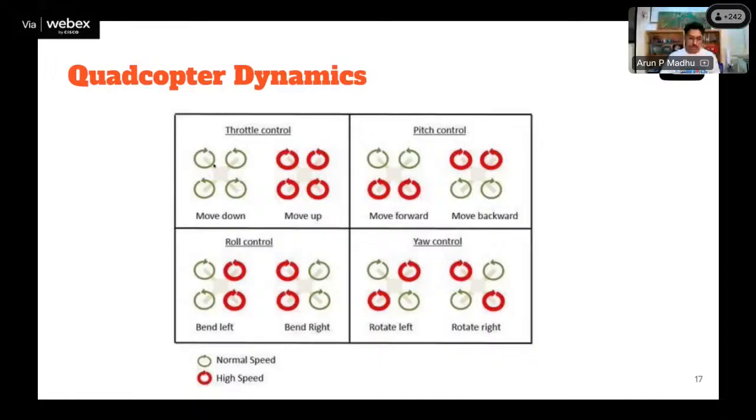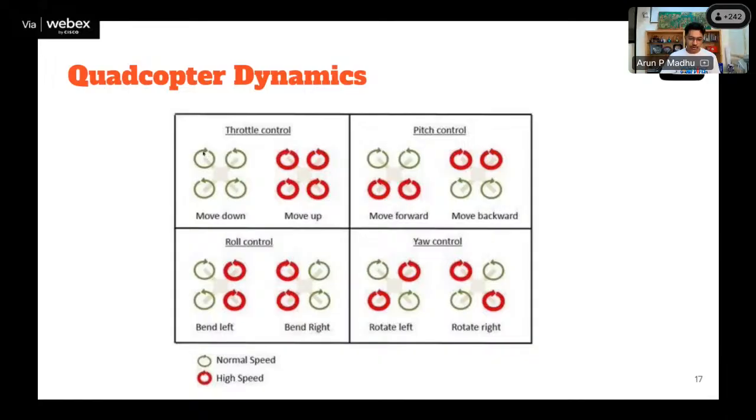If all of these motors are rotating in the same direction, the overall moment of the drone will be in this direction, and that will cause it to continuously spin in one direction.